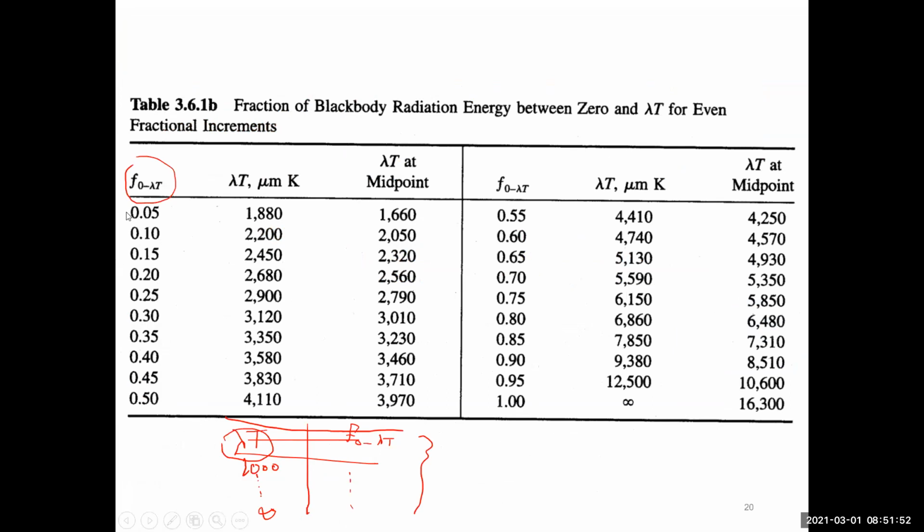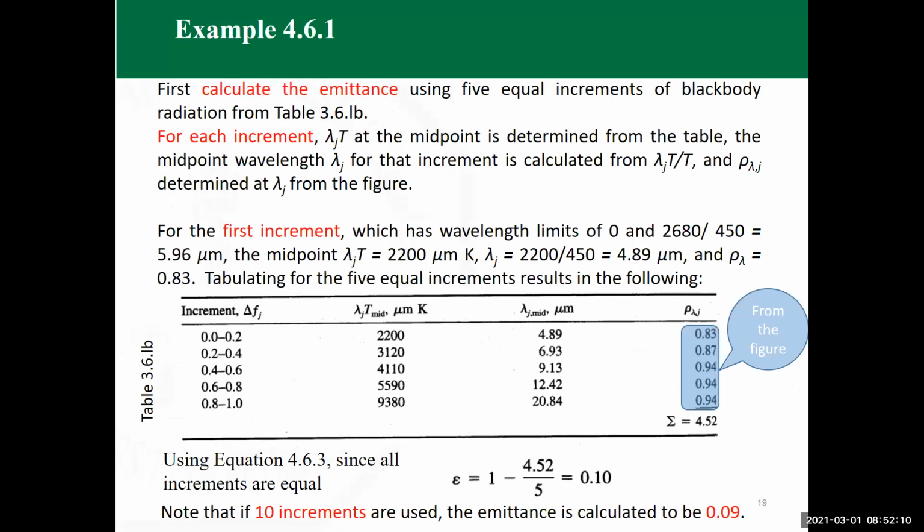So for this fraction of the energy, we could have taken this table and done everything exactly the same. For this fraction of the energy, the corresponding lambda T is 1880, from which we can calculate the value of the monochromatic reflectance based on this wavelength.